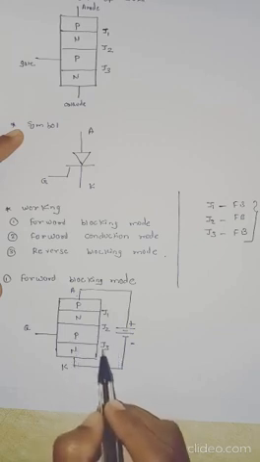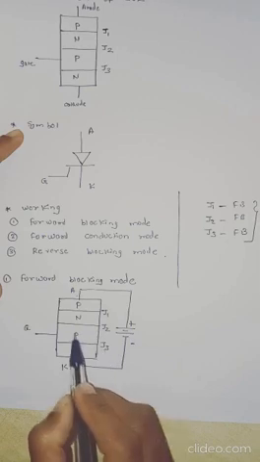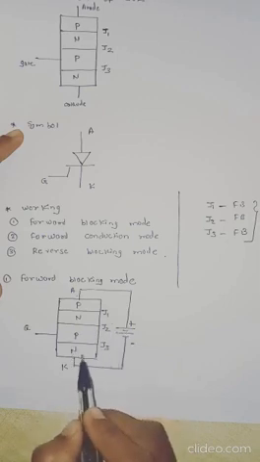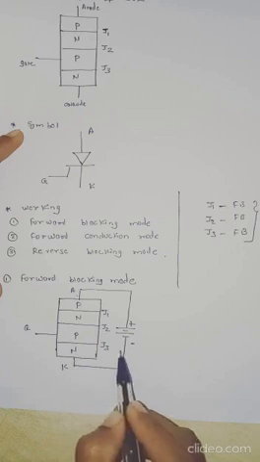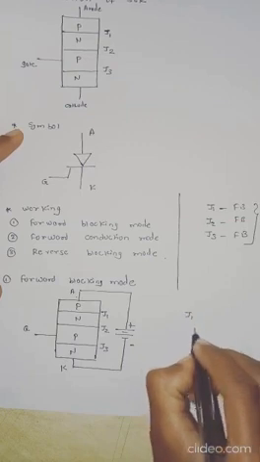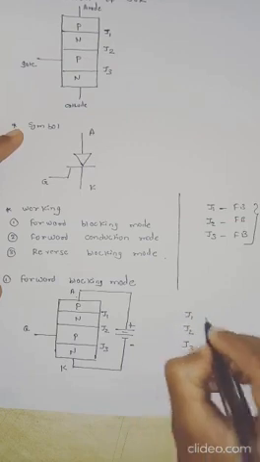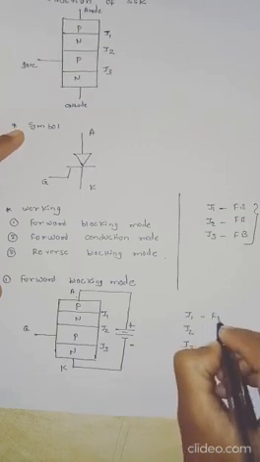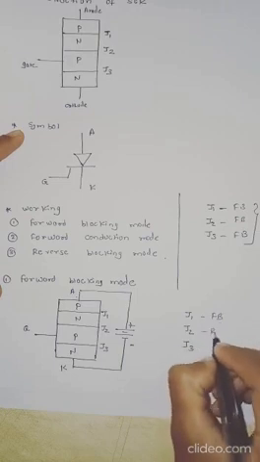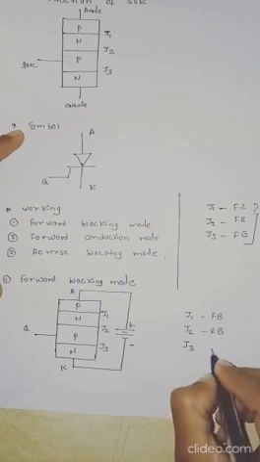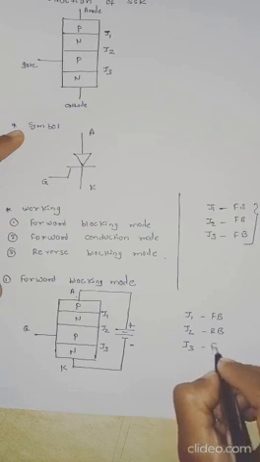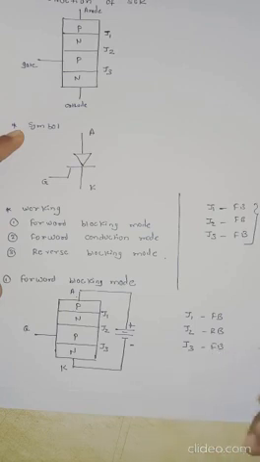Junction J3 is in forward bias, that is P region is connected to positive and N region is connected to negative. So SCR will not conduct because all three junctions should be in forward bias.